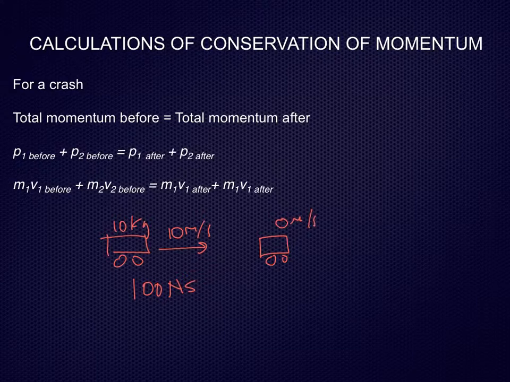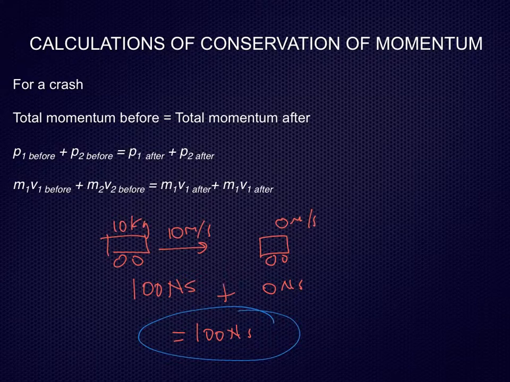And 0 times anything gives you a momentum of 0. Now, when they crash, this total momentum of 100 plus 0, this 100, stays the same. So that value of 100 newton seconds stays the same after the crash.